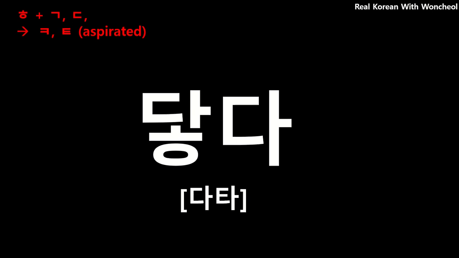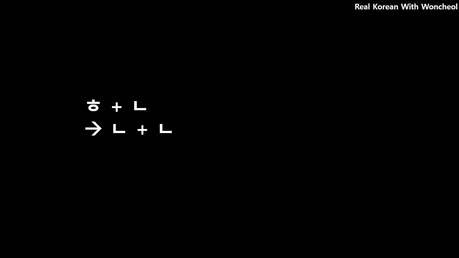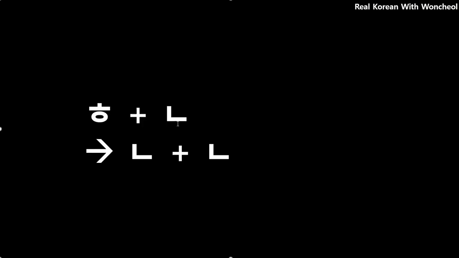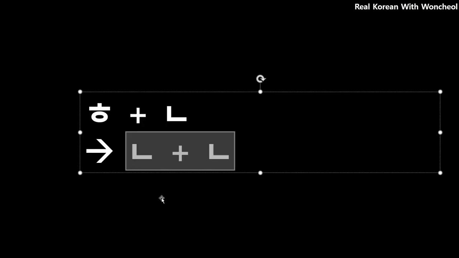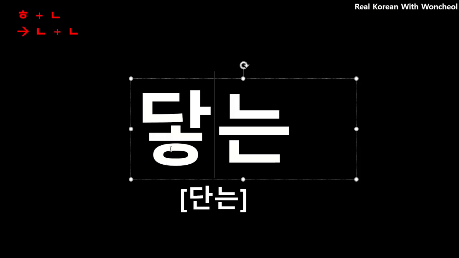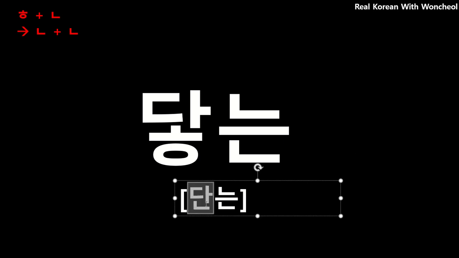All right. Rule number 5. H sound and niun. Then you have niun plus niun. Here you have H sound consonant, and then you have niun here, N sound consonant. Then it's not tat-는, it's tan-는. Okay?